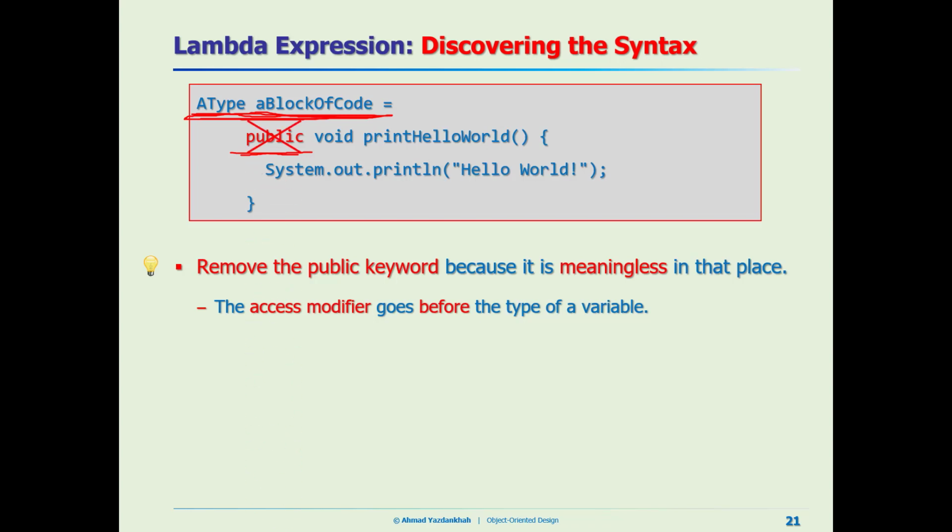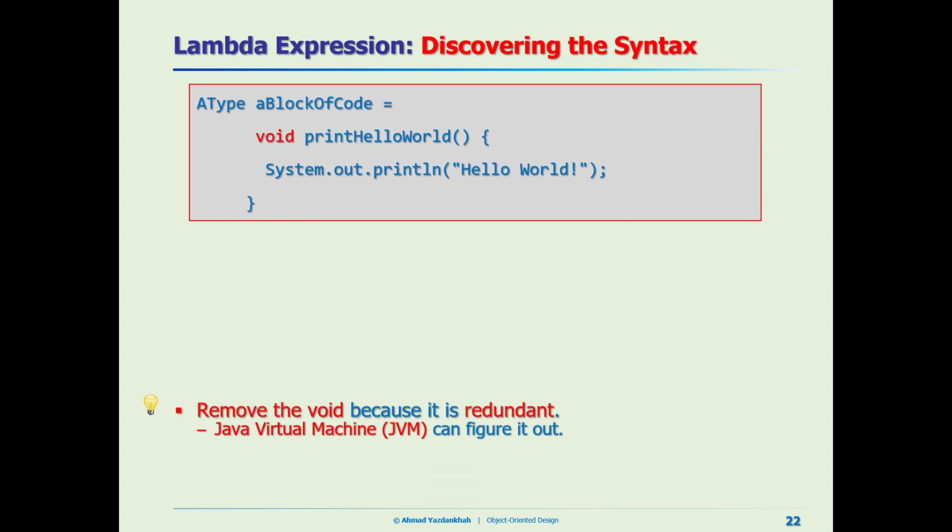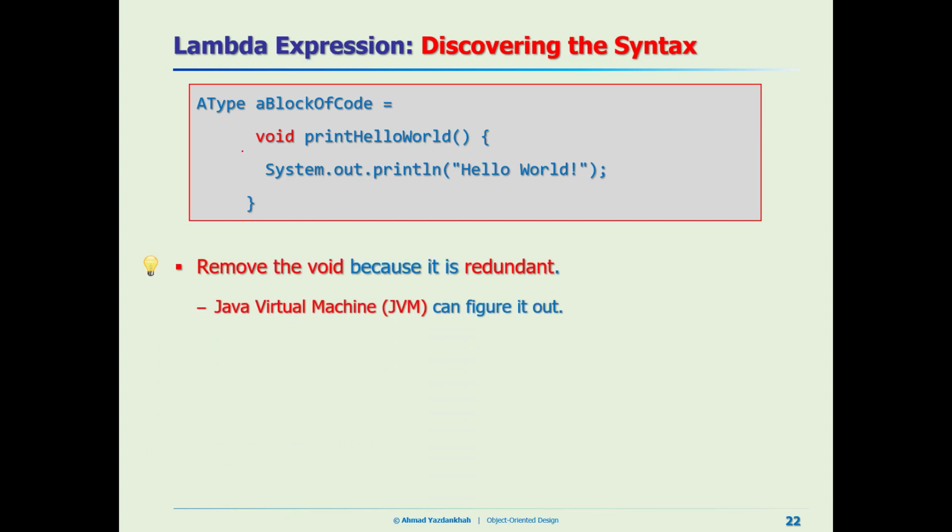We just remove that. So what did we get here? Yeah, this. What else? The void or return type is again redundant. Why? Because the JVM nowadays is very smart. It can figure out what the return type is, right? So we can remove that void as well.